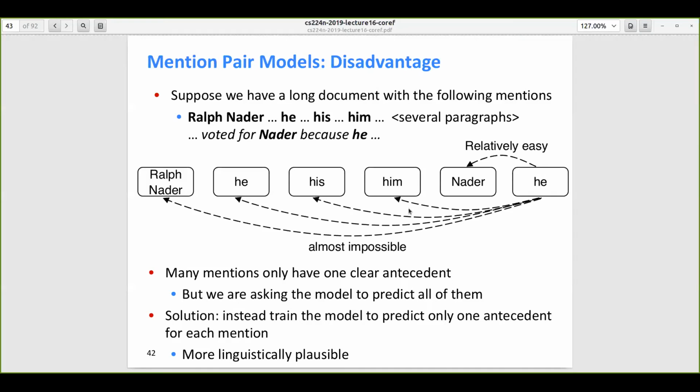That's not really how it is in real life, because many mentions will have one clear antecedent, but in this case we are trying to match it with every possible word. So one tweak we can make is that instead of training a model to match all the mention pairs, we can train the model to predict only one antecedent for every mention.